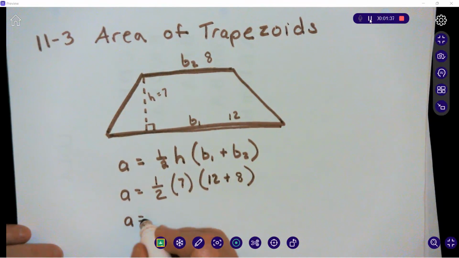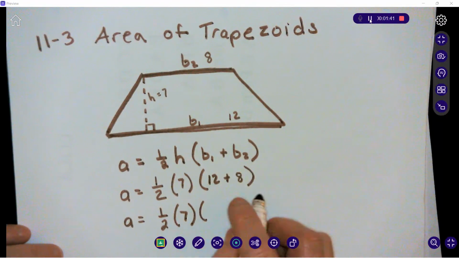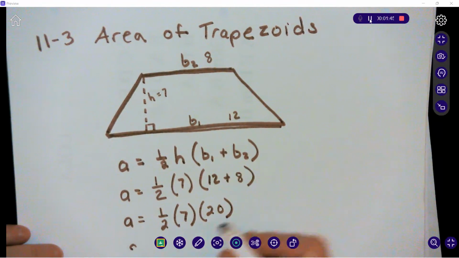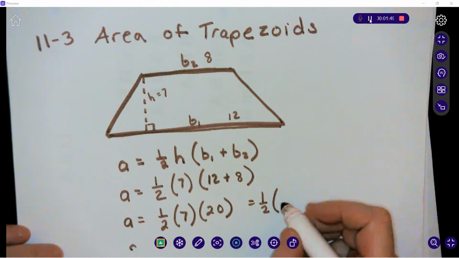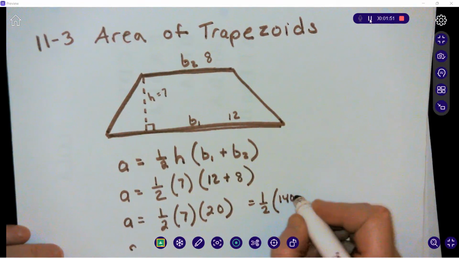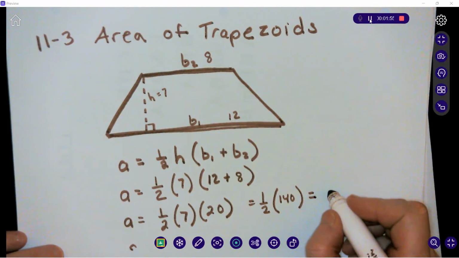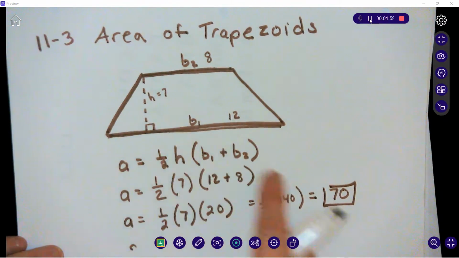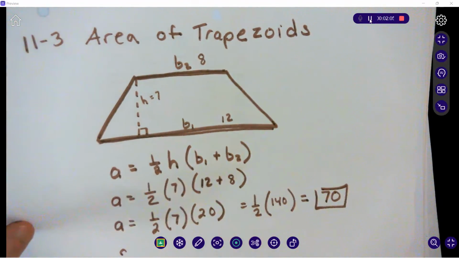So the area of this trapezoid would be 1/2 times 7 times 20, which would be 1/2 times 140, which would equal 70. So the area of this trapezoid would be 70. So you just have to remember to use that formula.